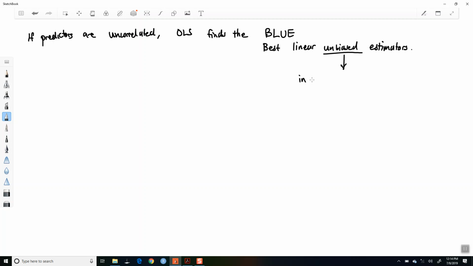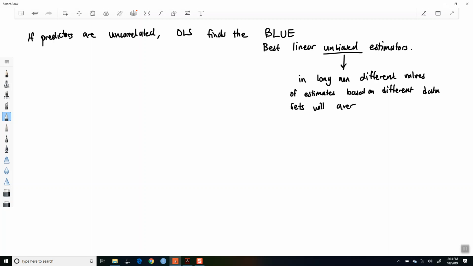So in the long run, values of the estimates based on different data sets will average to the true parameter values.